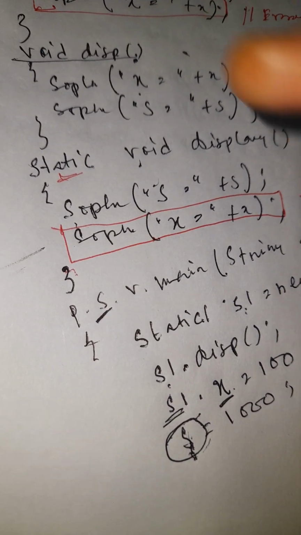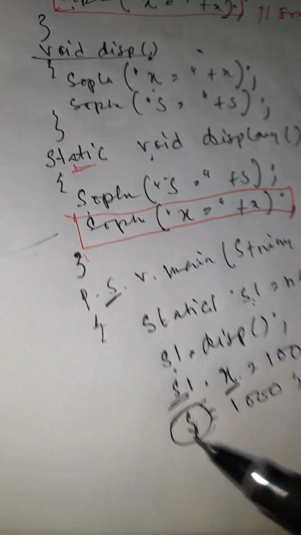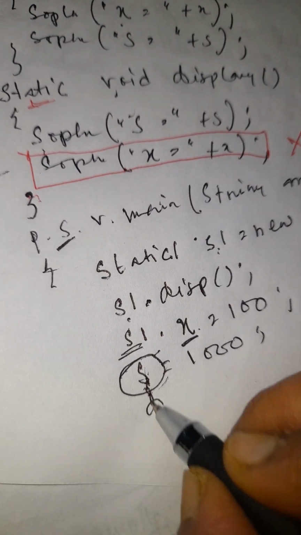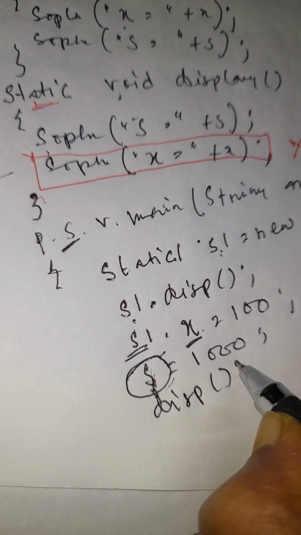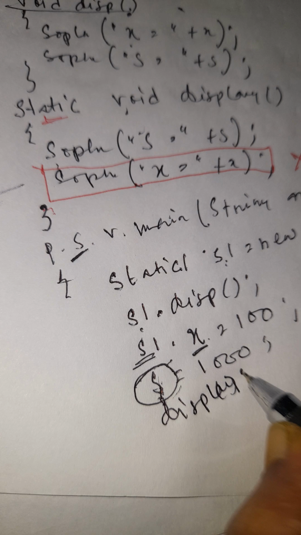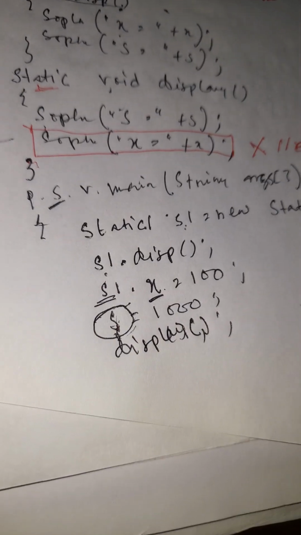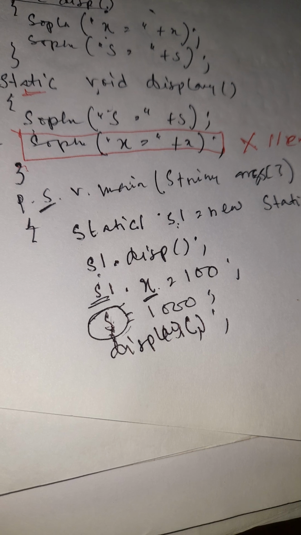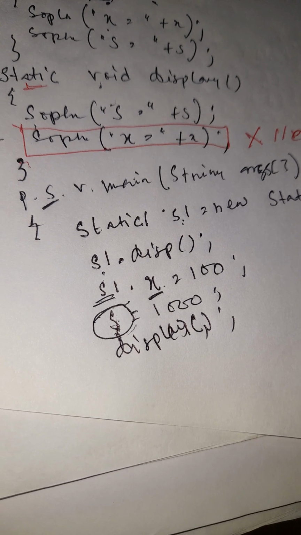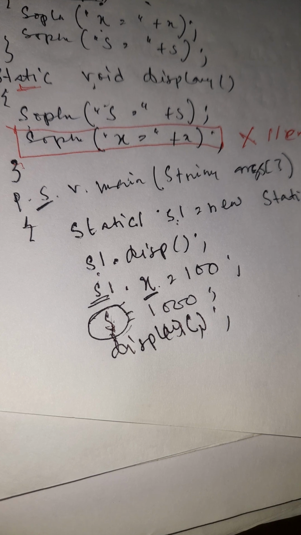Now if you want to call this display method, the display method is also a static method, so you can call this method directly. No need to use the object. Why? Because this one is a class method. So directly you can call this.